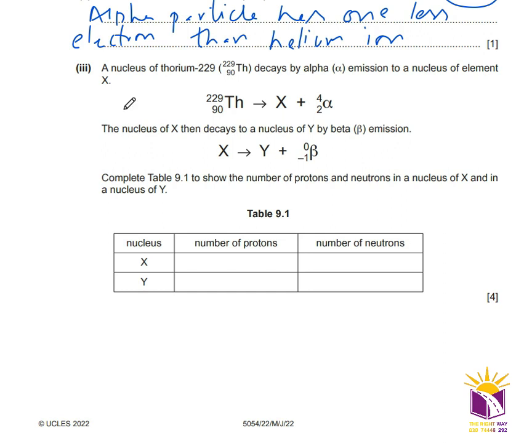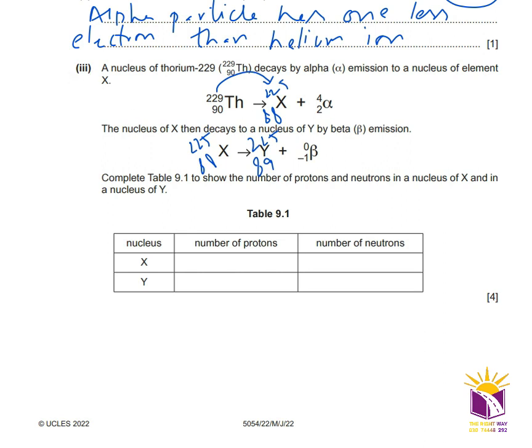Complete table 9.1 to show the number of protons and neutrons in a nucleus of X and in a nucleus of Y. So I am writing over here, 229 will become 225 and 90 will become 88.